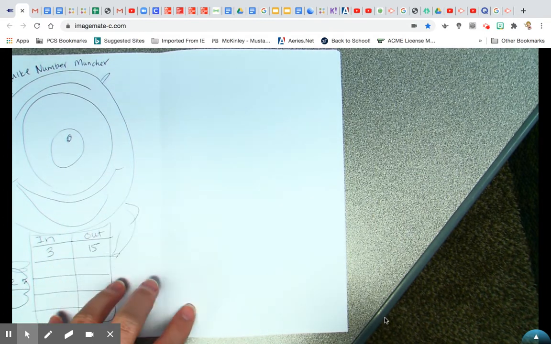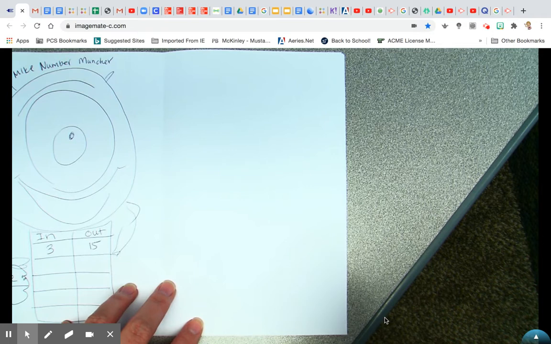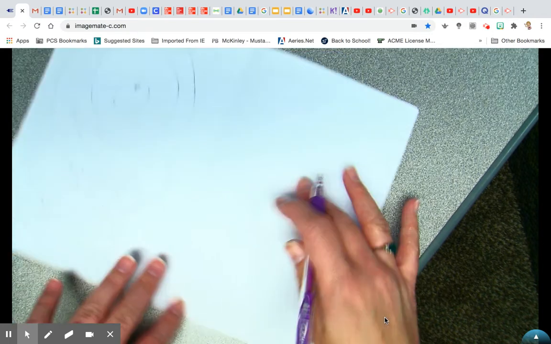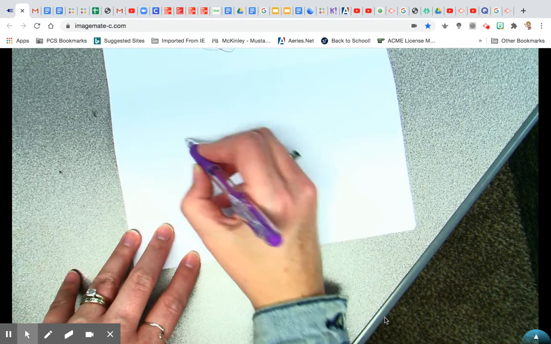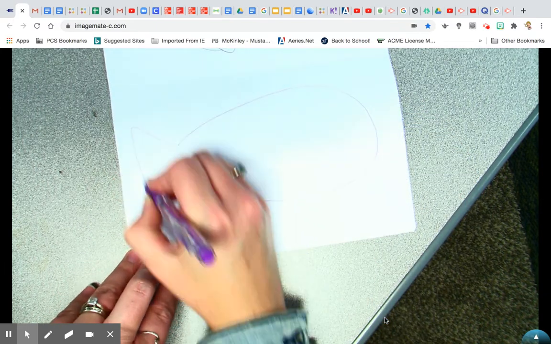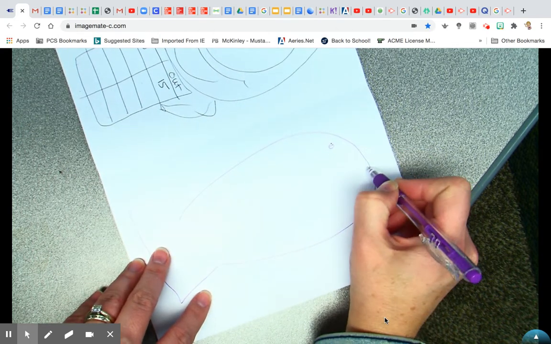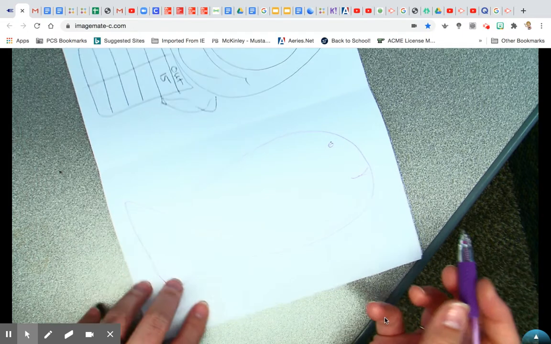All right. So let me think of one that I can draw really quickly. I'm going to draw a fish. I'm going to turn it over just a little bit here. Okay. And we'll give it an eye and a smile. It's like a goldfish. Okay.